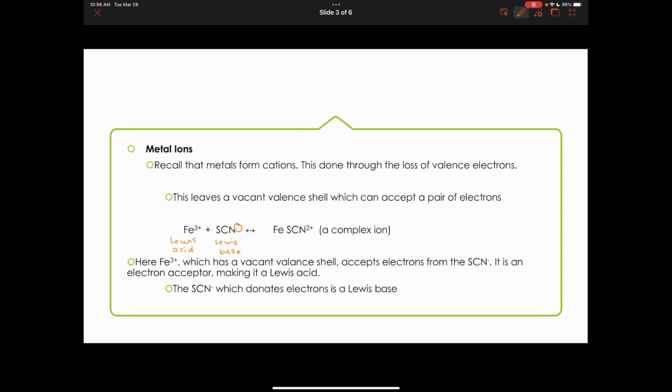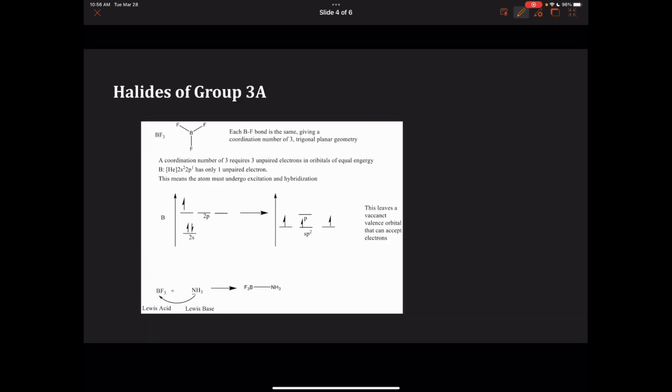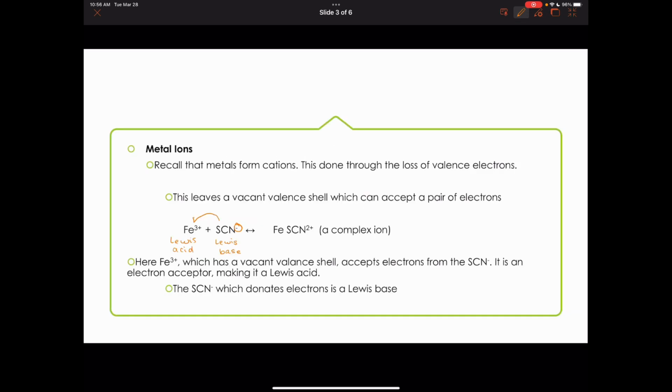So what happens is we're going to have electrons flow in to our iron. We're going to form a bond with that iron. Since we're forming that bond, sharing those electrons, we're going to get that complex ion, FeSCN2+. So that iron is a Lewis acid. It's accepting electrons to form a bond.